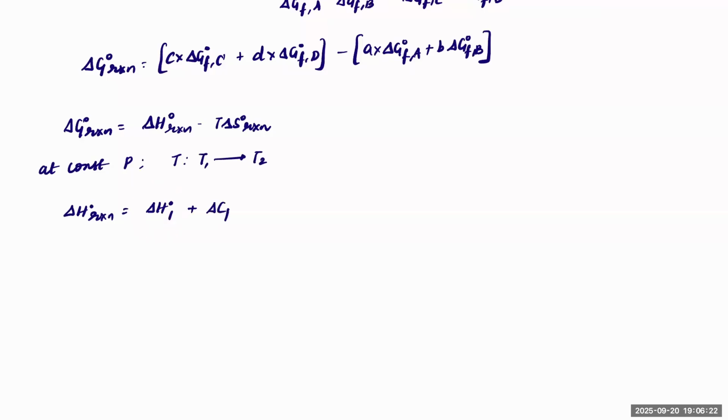That plus delta Cp of the reaction into delta T. Delta T is T2 minus T1.